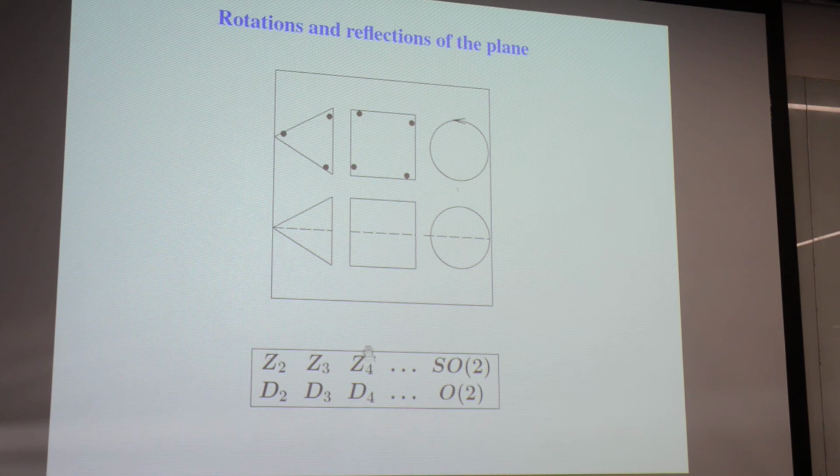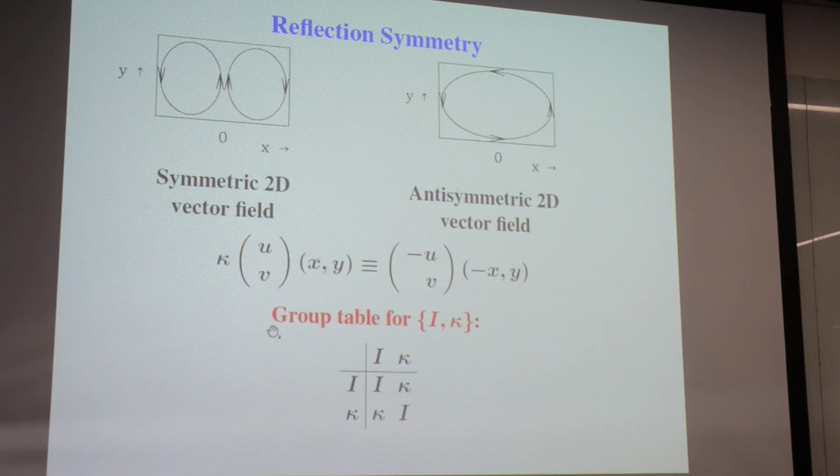That is to say, Z4 has 4 elements. One of them is the identity. Always for a group you need the identity. And the other 3 elements are rotation by 2 pi over 4, twice 2 pi over 4, 3 times 2 pi over 4. Everything we've been doing so far is Z2, that was the reflection symmetry, and if we go back to this group table, this is the group table for Z2.